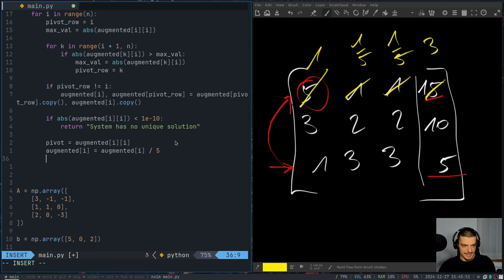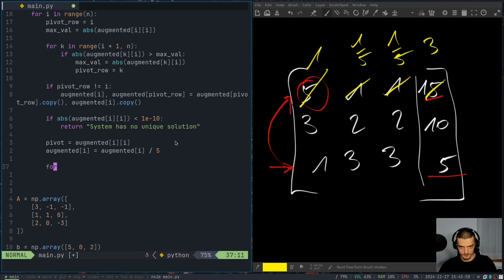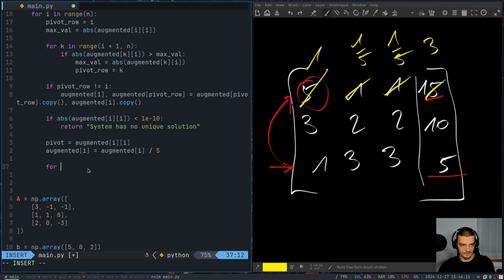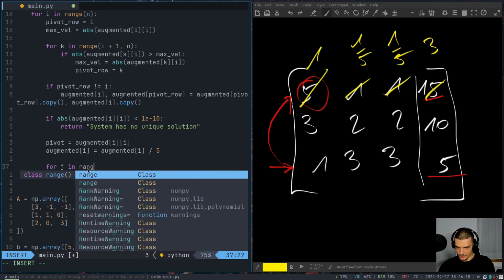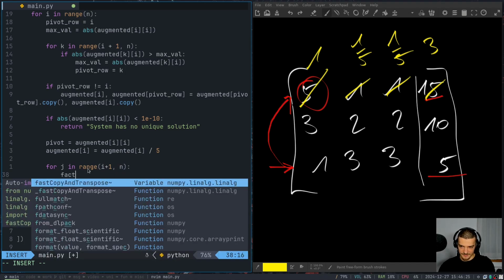We do this division, and then we eliminate the pivot element from the rows below. Remember, reduced row echelon form means 1, 1, 1, but it also means that these here have to be 0. So we need to eliminate the 3 and the 1. So we say for j in range i plus 1, to only consider the rows below, give me the factor.